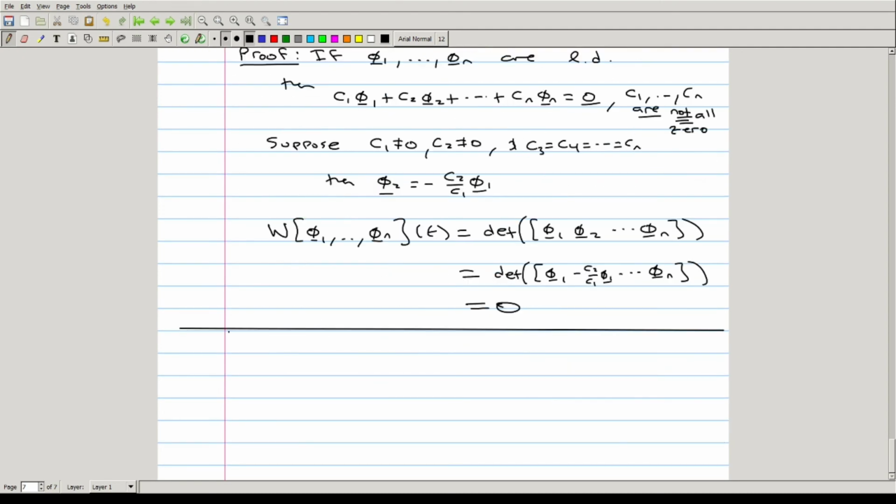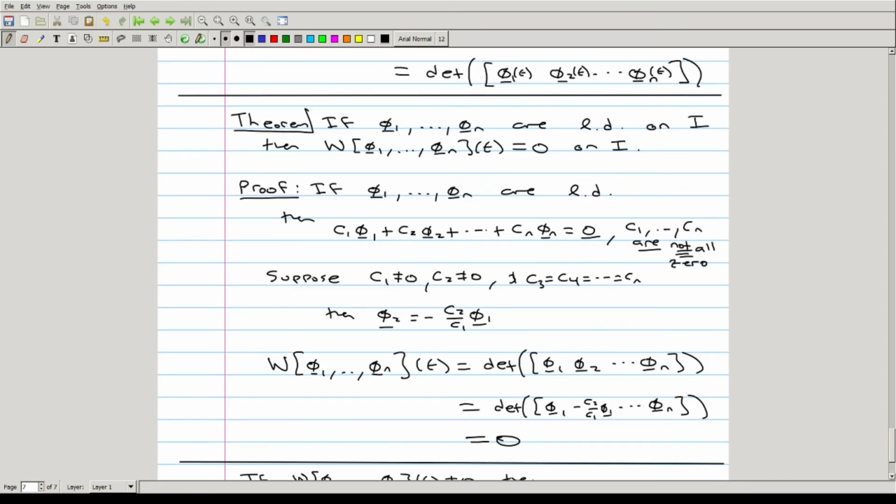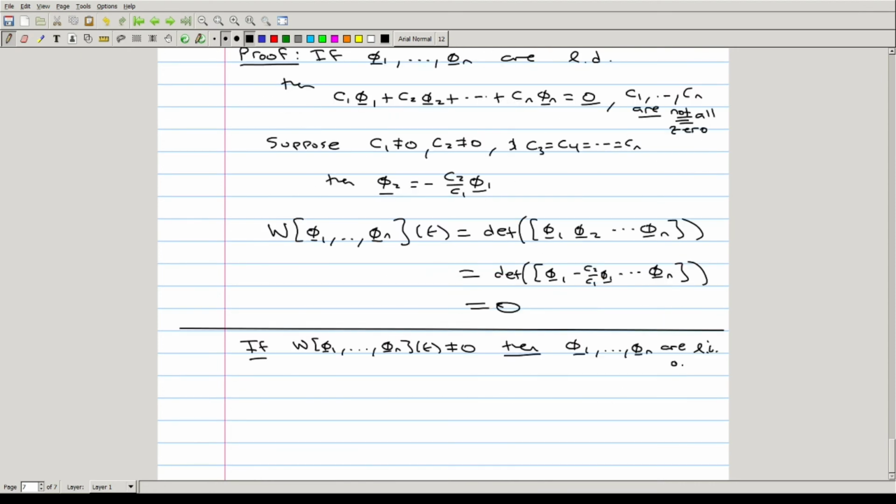So that also means that if the Wronskian is non-zero, then these functions are linearly independent on the interval I. And this is the contrapositive of the previous theorem.